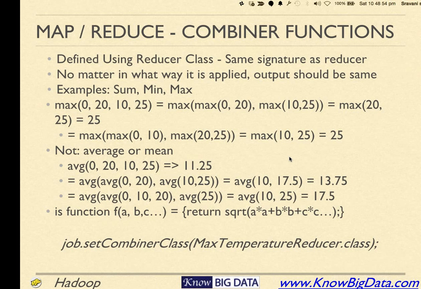Therefore, if you see, computation of the average is not a function that qualifies to be a valid combiner. If you say average of 0, 20, 10, 25, you will get 11.25. Now let's compute the average of 0 and 20, and 10 and 25, and then we'll compute the average of the outputs, which is 13.75.